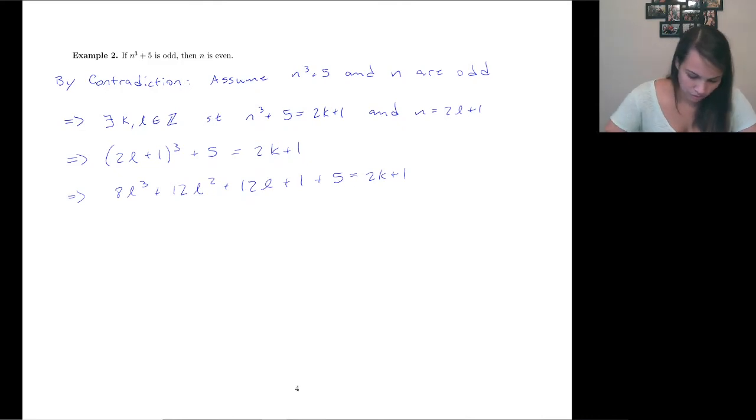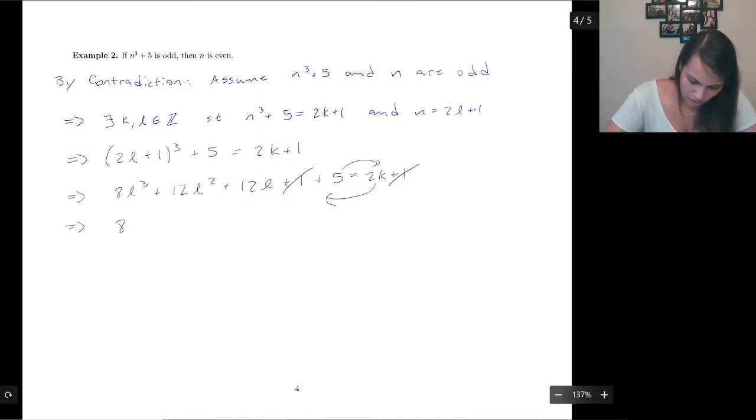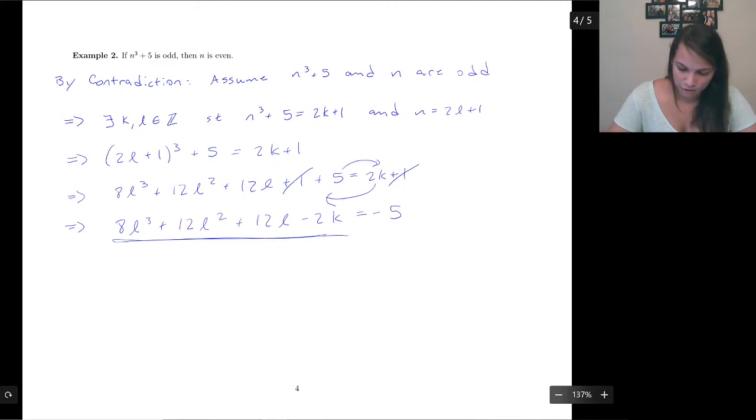Those guys cancel. Let's move him over and him over. So 8l cubed plus 12l squared plus 12l minus 2k equals negative 5. And I can see I can factor out a 2 from this side, so let's go ahead and divide by 2.